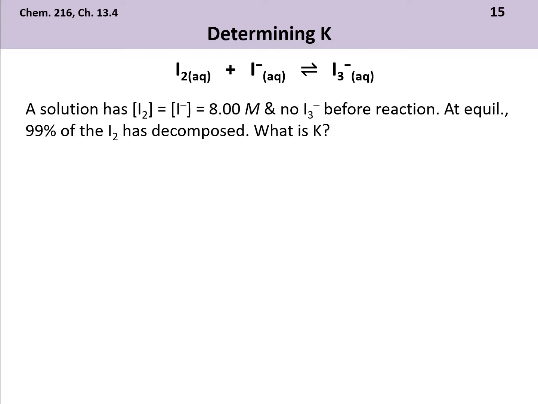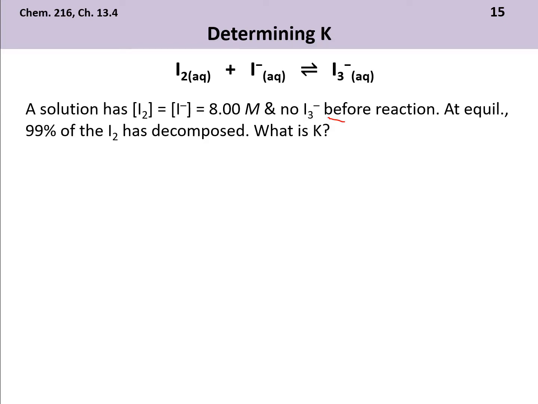Let's say we are told that we have I2 plus I minus goes to I3 minus. Everything's aqueous. So what does that mean? All of them are in my Q and my calculation for K. And we're told a solution has I2 equal to I minus equal to 8 molar and no I3 minus before reaction.